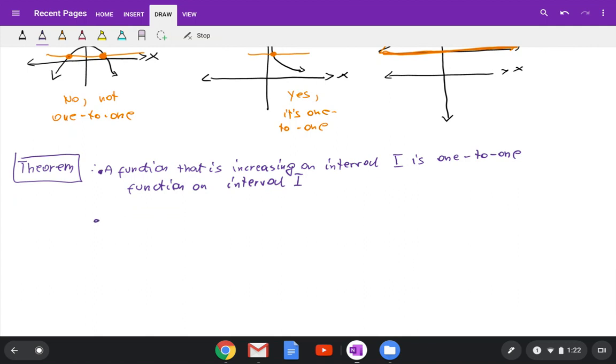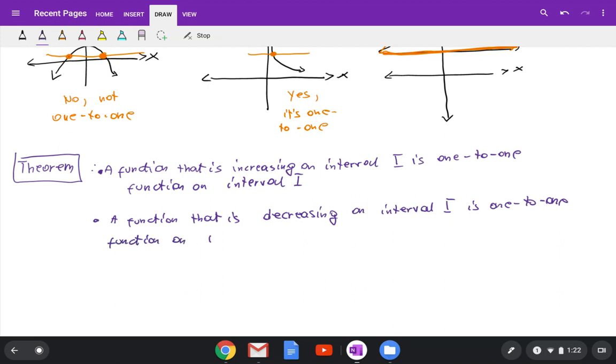A function that is decreasing on interval I is one-to-one on interval I.